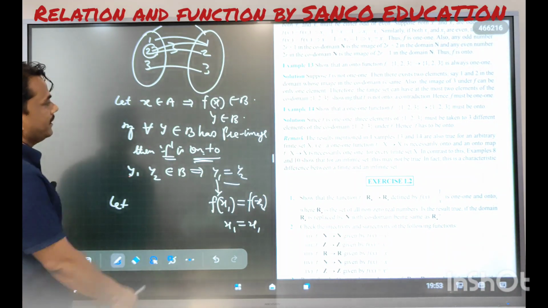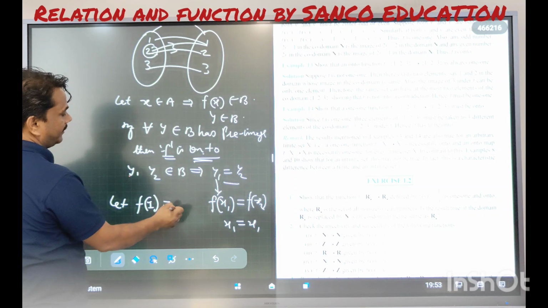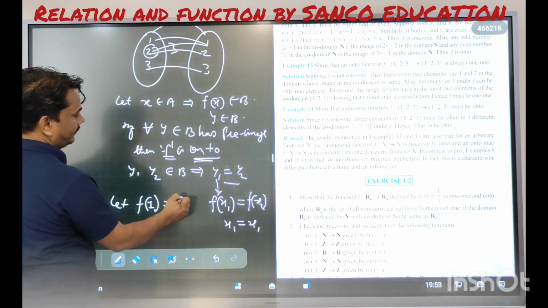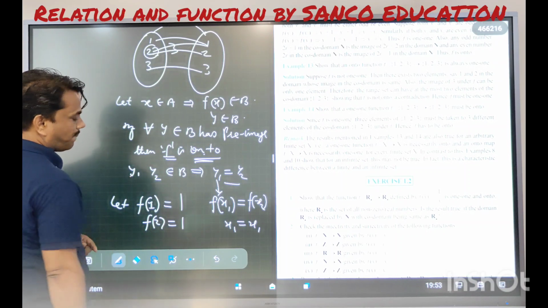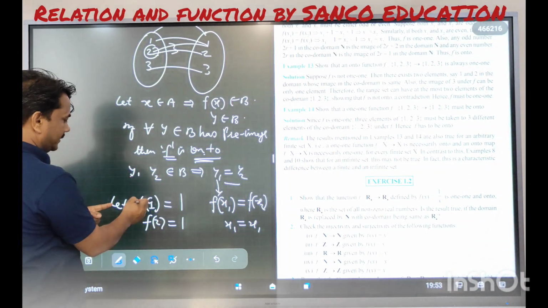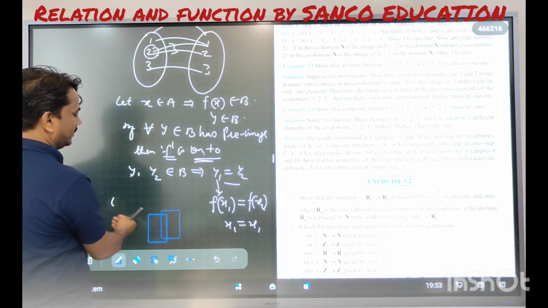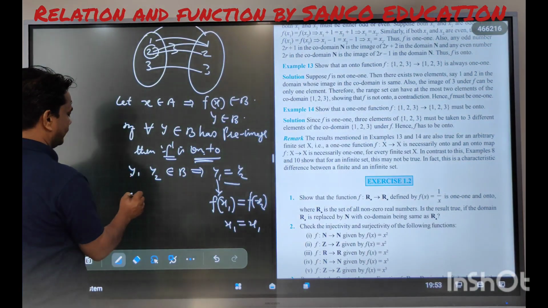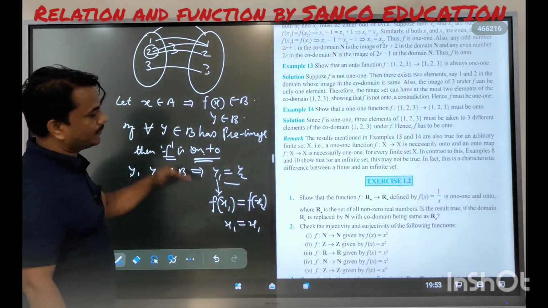This is the analytical proof. So here you will write f(1). Suppose f(1) is giving 1 and f(2) is giving 1. The inverse function is actually not in your syllabus. So this analytical proof I have given here.